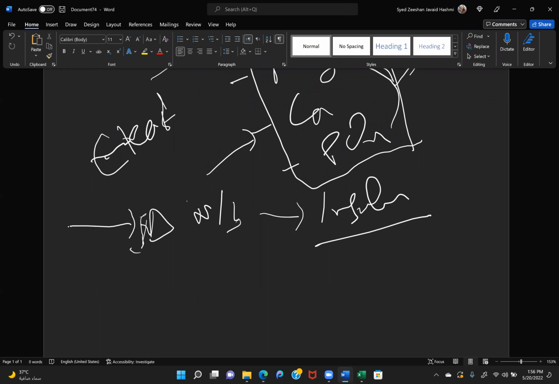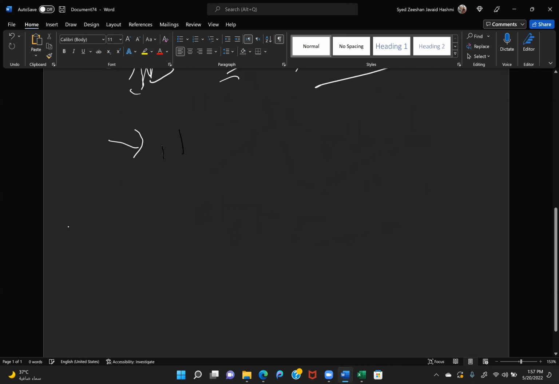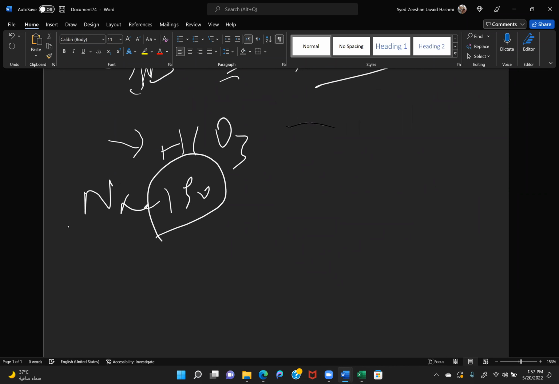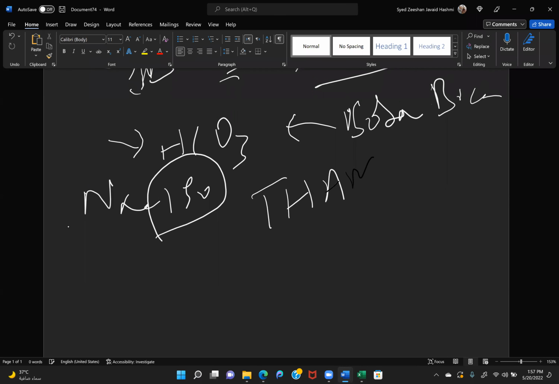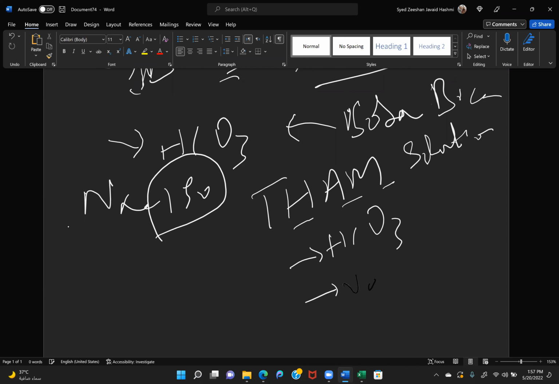If you have a patient with hypernatremia and the patient needs bicarb, and the sodium is already 150, this will be a big problem if you give soda bicarb. In that condition, I don't know much about it, I have not used it, but there is a solution called THAM solution, which treats acidosis but does not cause volume overload and sodium overload.